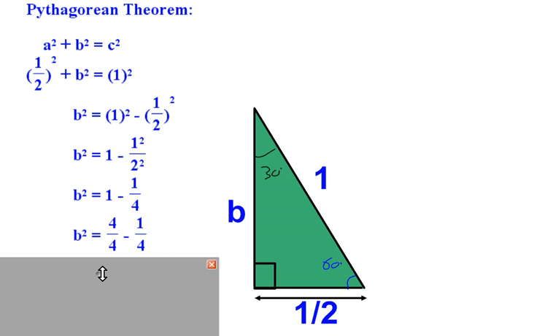I want to subtract, so I must put my terms on a common denominator. 1 is the same as 4 over 4. So b squared is equal to 4 over 4 minus 1 over 4, which gives me 3/4.